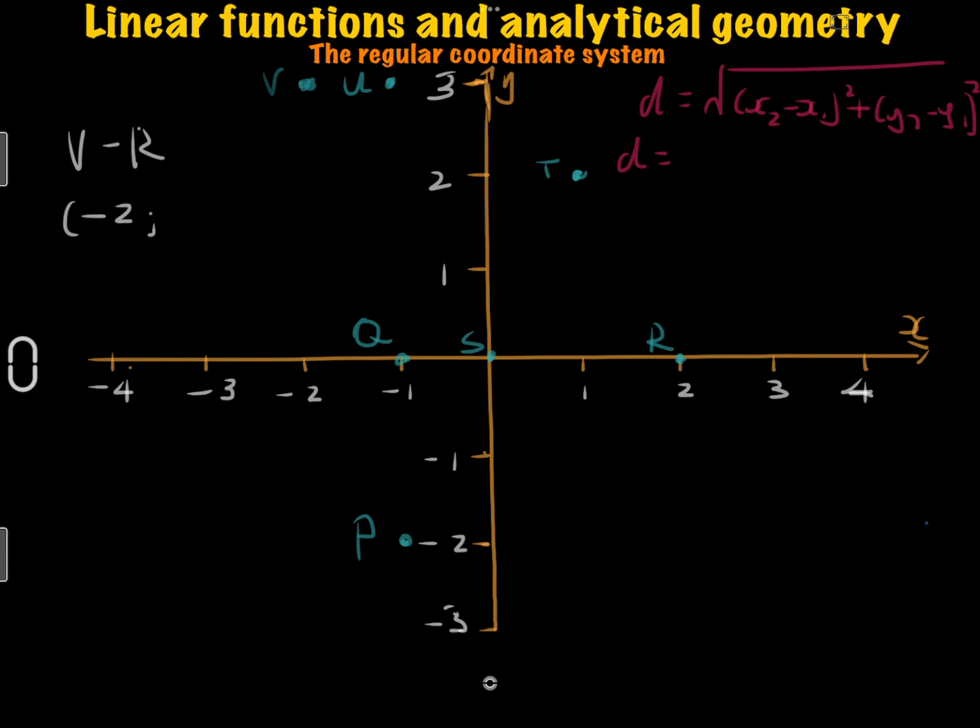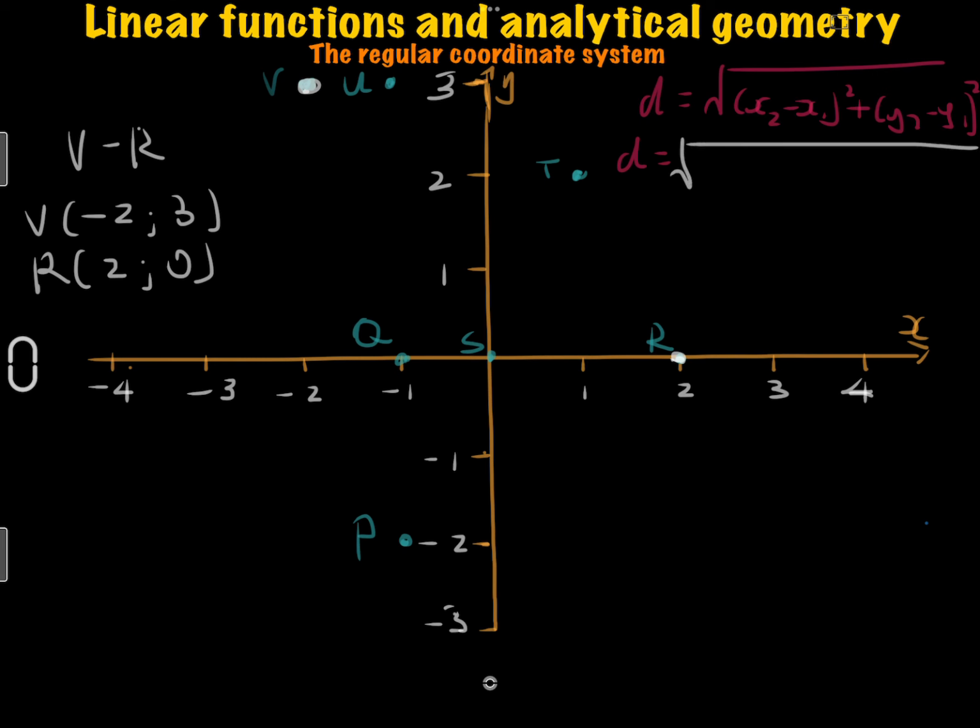So we have -2 by, or Y in this case is positive 3. Okay, that's for this point V. And then we look for point R. R is, X is positive 2, and then Y is simply 0. This is the point here. Okay, so now we need to substitute that into our equation.